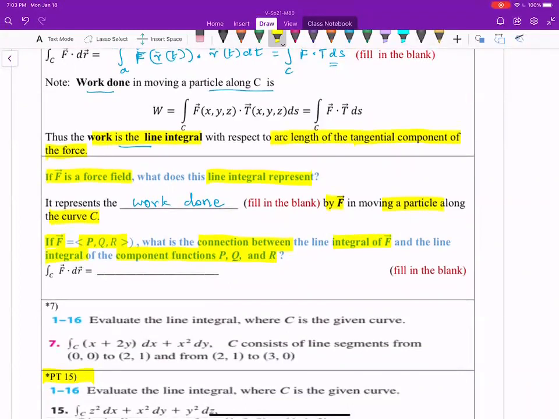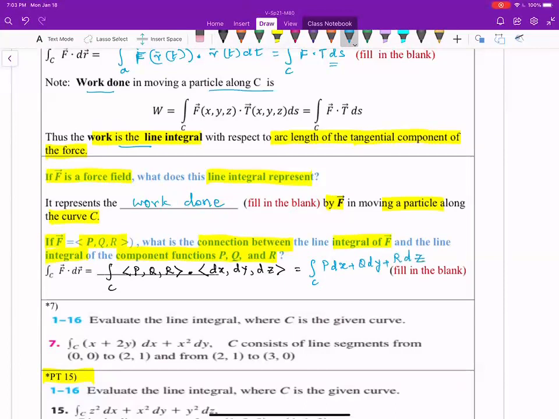Integral over C F dot dr. We can write F as P, Q, R in component form, and dr as dx, dy, dz.